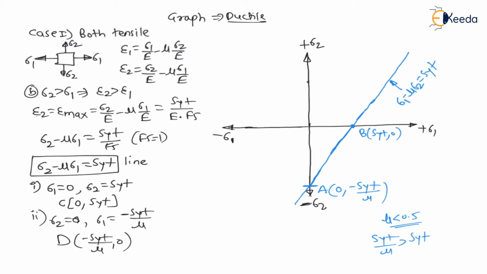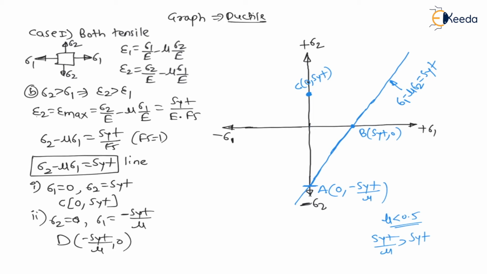Now plot points C and D on the graph. C is 0 comma Syt, so C will be somewhere here. Let us say this point is C, having coordinates 0 comma Syt, and point D is minus Syt by mu.